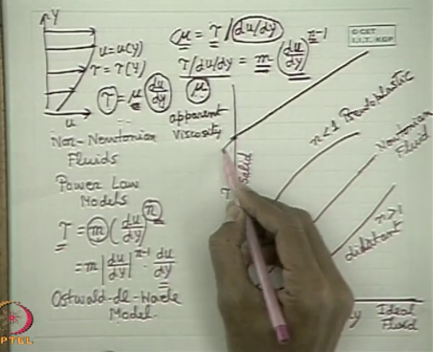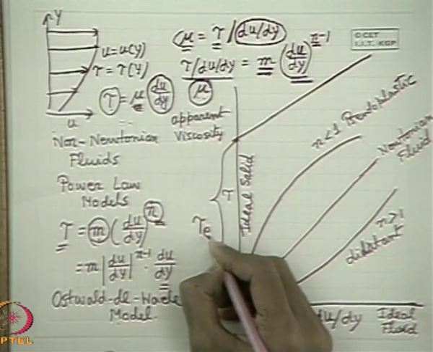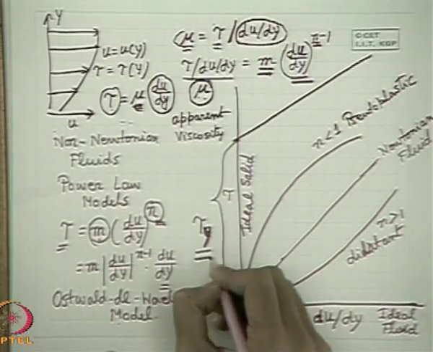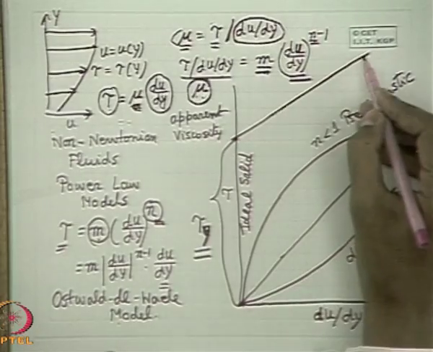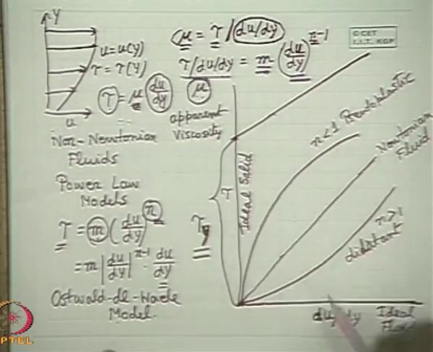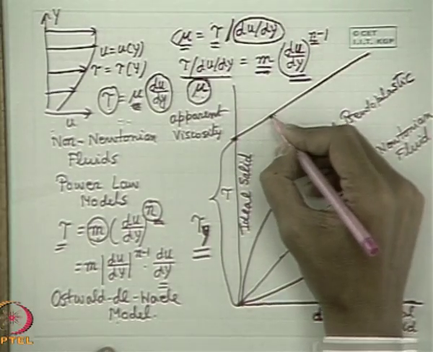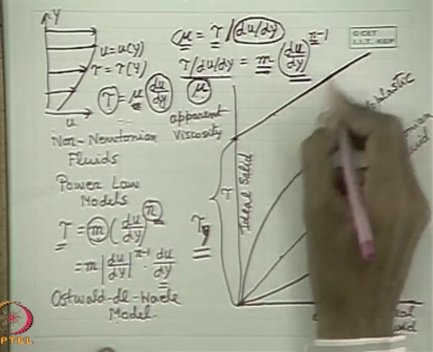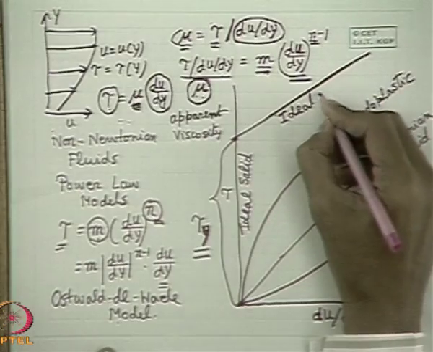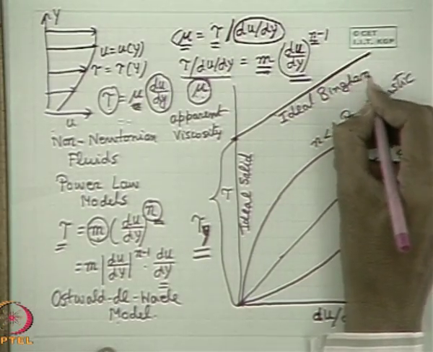This stress value is known as the yield stress, tau Y, after which the flow takes place. The relationship between the stress and the velocity gradient may be of different nature, but an ideal relation will be a straight line, and these substances are known as ideal Bingham plastic.